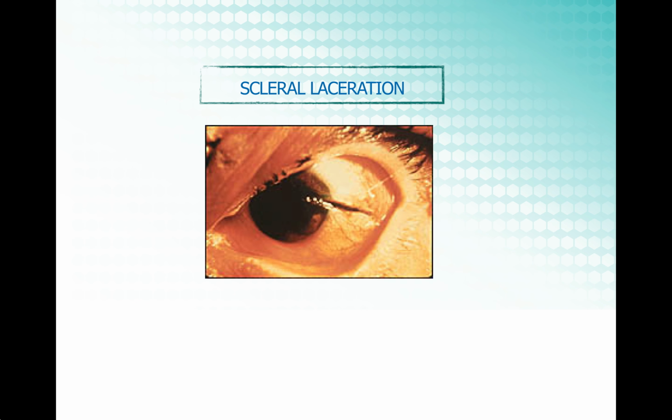As you can see, the rupture is near the insertion of the extraocular muscles because, as I mentioned earlier in the anatomy, the sclera is thinnest at the insertion of the muscles. Therefore, it's more fragile in terms of blunt or traumatic injuries.